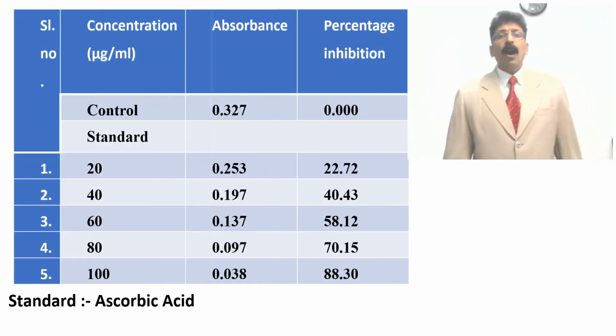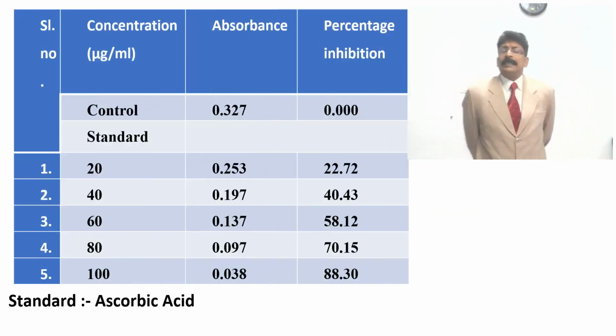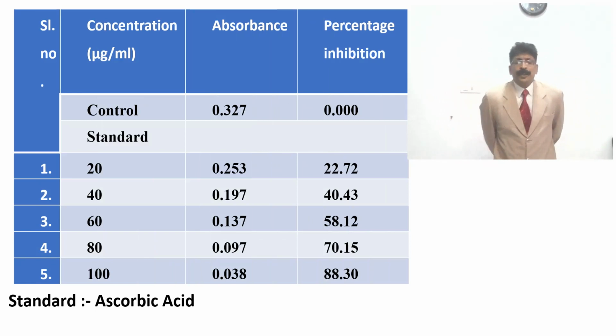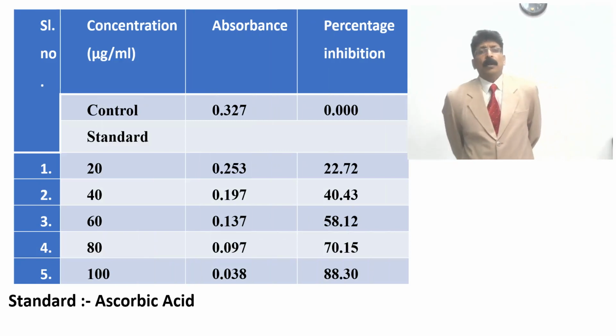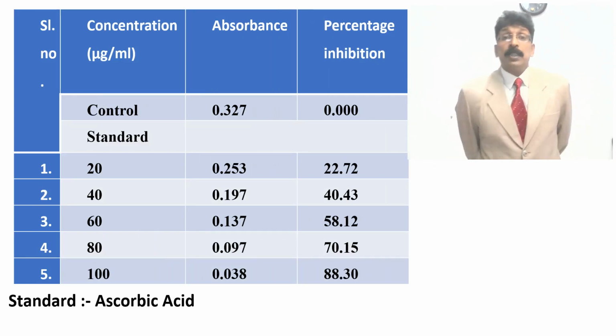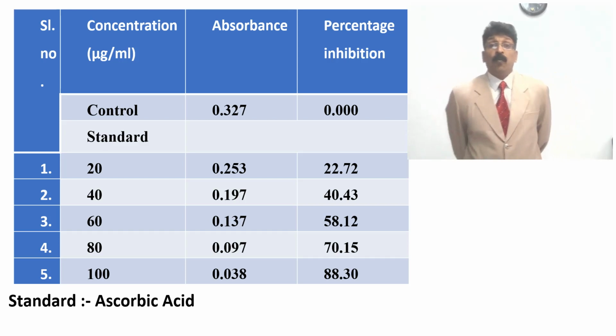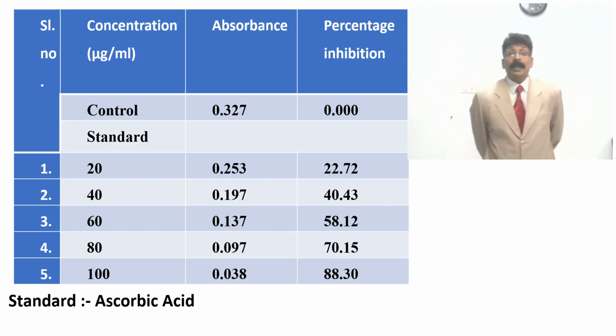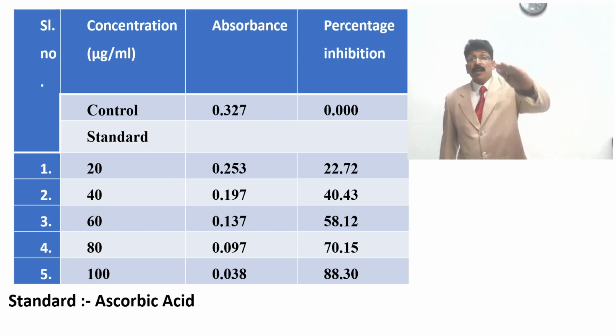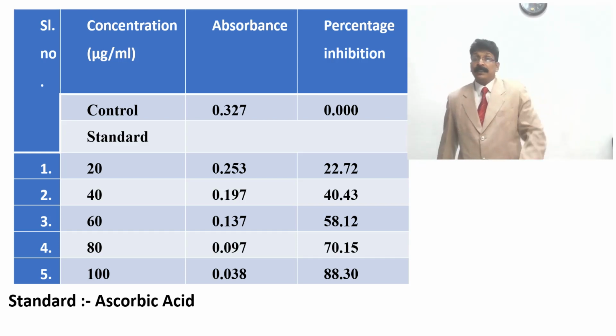Now we can see the ascorbic acid absorbance from the instrument. For 20 microgram concentration we got 0.253, and for 40, 0.197. So the absorbance is coming down for the standard. Why?